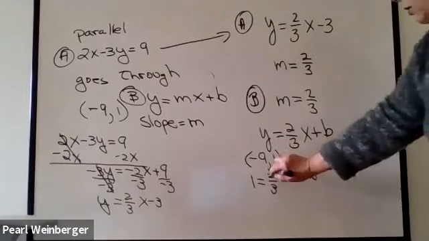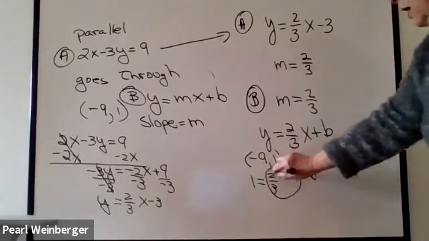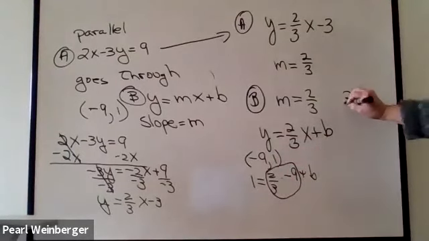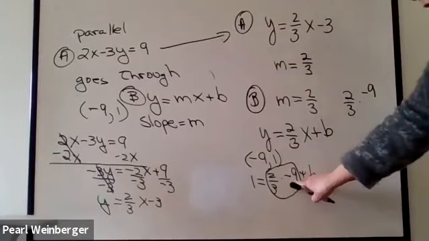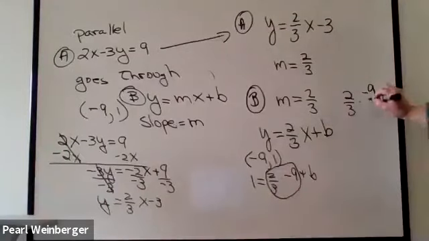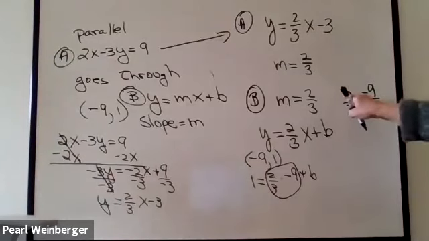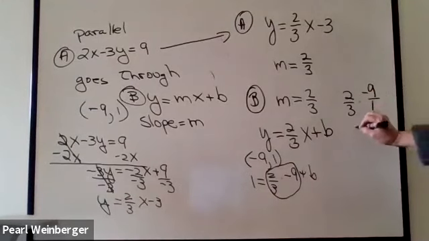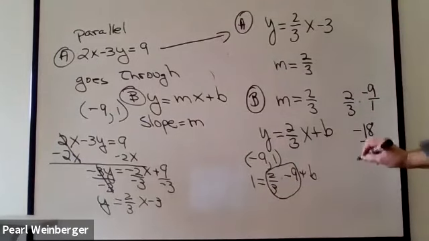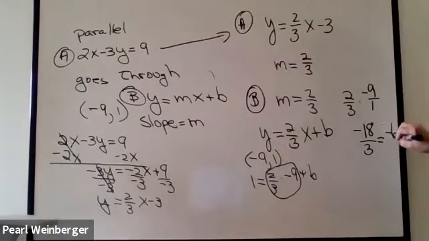Okay, and the first thing we have to do is multiply this 2/3 times the -9. Now remember, when you have a whole number and a fraction, put the whole number over 1. And we know when we're multiplying fractions, we multiply the numerators together. So 2 times -9 is -18. And 3 times 1 is 3. And reduce it. -18 over 3 is -6.